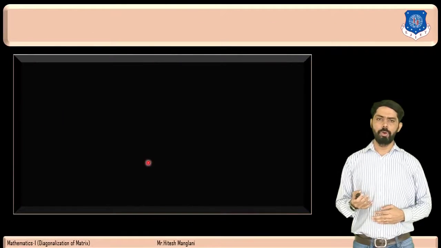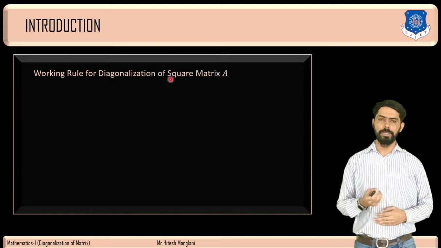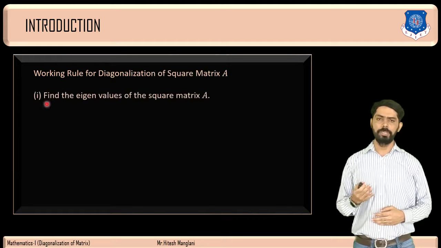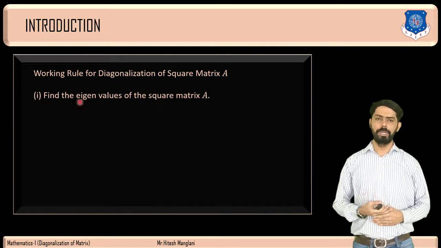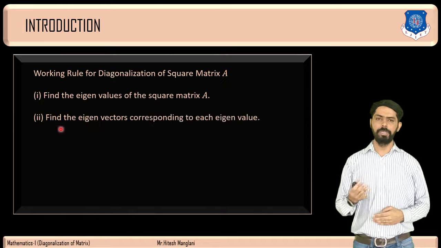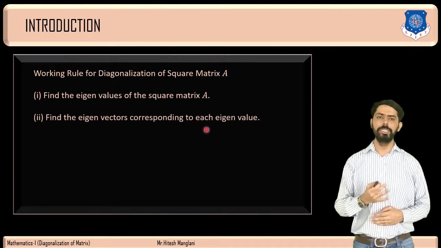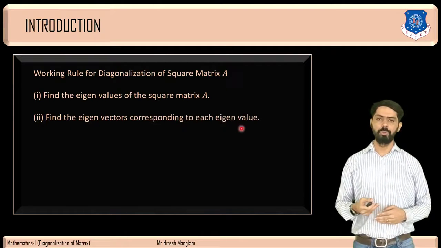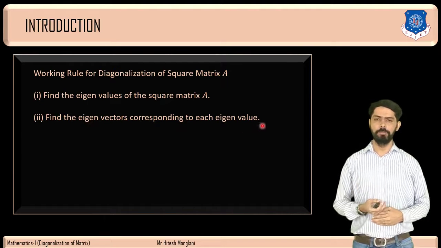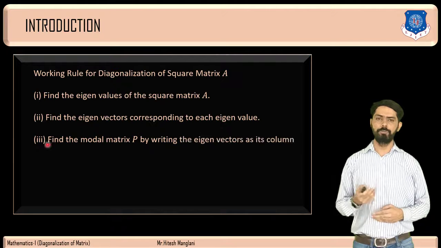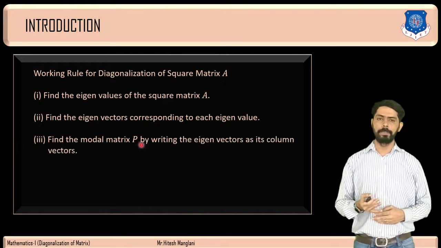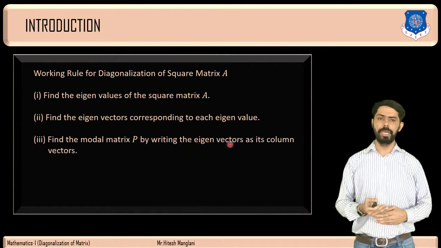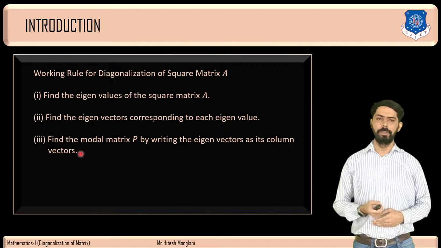Now the working rule for diagonalization of a square matrix A. First step, find the eigenvalues of the square matrix A. Second step, find the eigenvectors corresponding to each eigenvalue. Third step, find the modal matrix P by writing the eigenvectors as its column vectors.